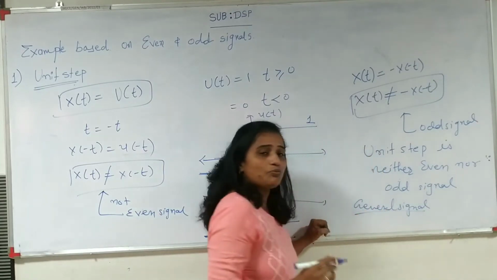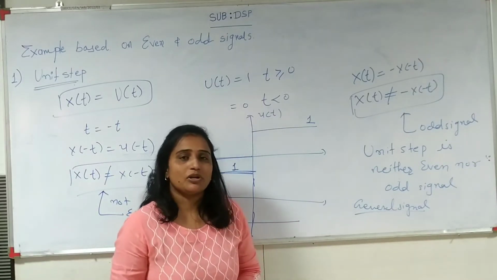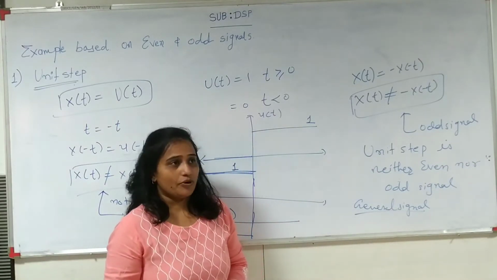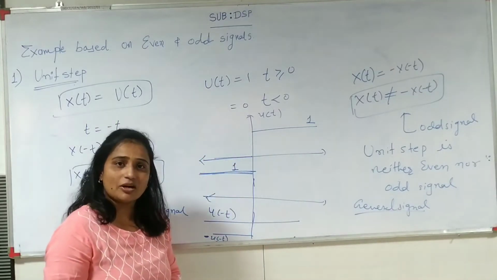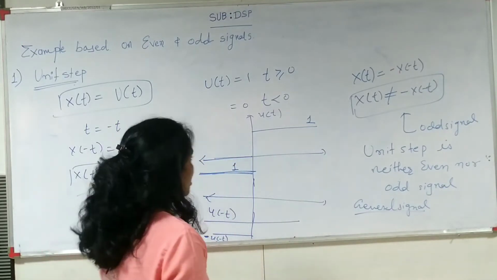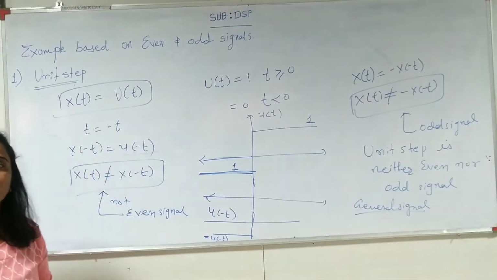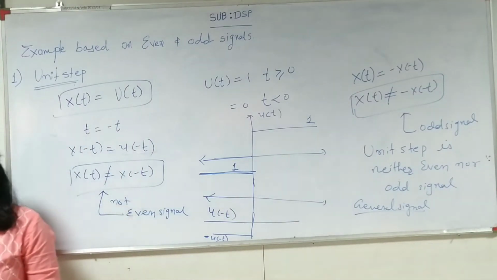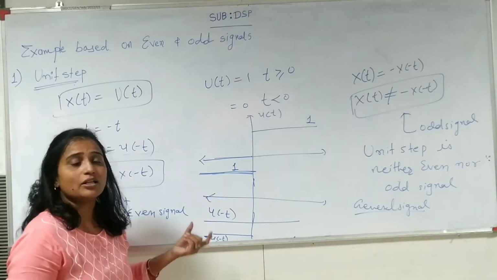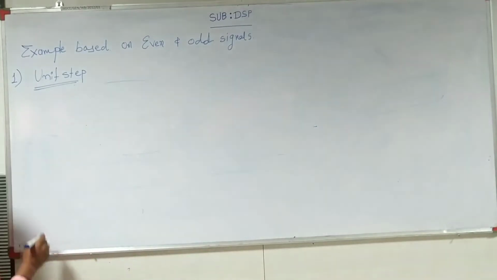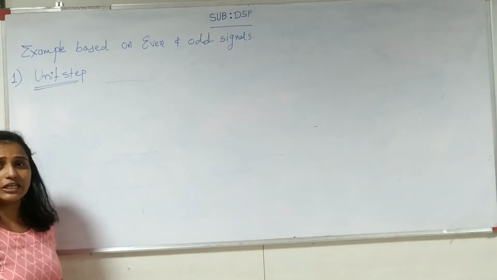So it has both components, the even component as well as the odd component. So for the unit step, we have to find the even component and the odd component. Now, how do we find them? In the previous session, we already discussed the even and odd components.